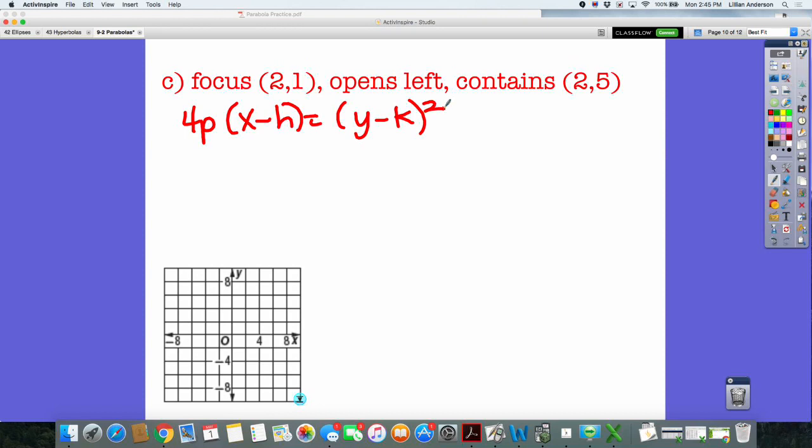Right? Okay, good. So from here, we know, since it opens to the left, look back at that single sheet. What was the formula for your focus if it opens to the left or right? (h + p, k).